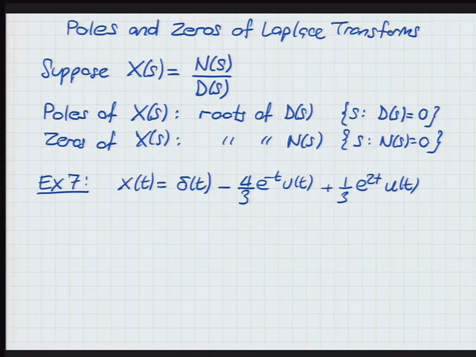What is the Laplace transform of delta? It's 1, because delta times e to the negative st integrated is going to pick out the value of e to the st when t is 0. And that's 1.